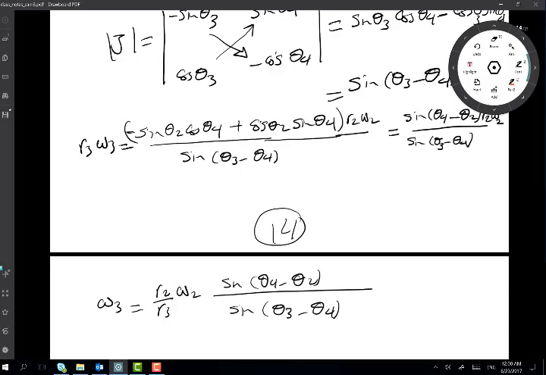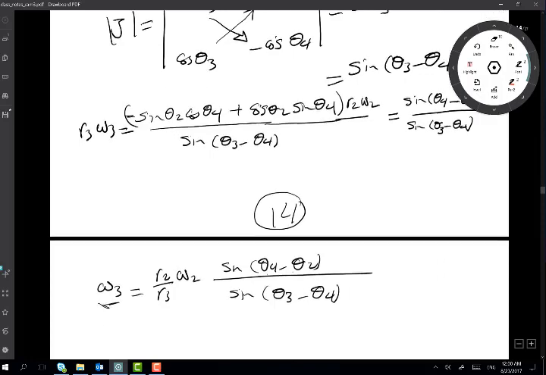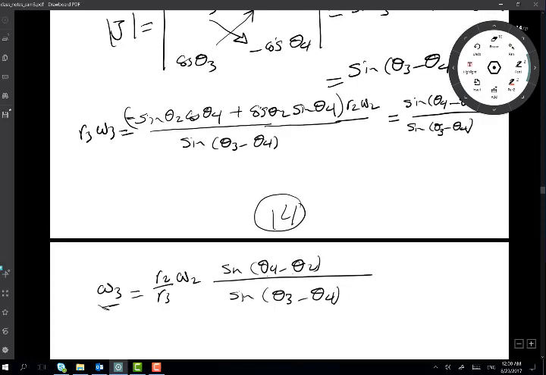So now I can tell you that omega 3 is going to be 0 if theta 4 and theta 2 are equal, or if the difference between them is 180 degrees. This gives me some idea of the extreme positions of the coupler, when the crank is parallel to the rocker.